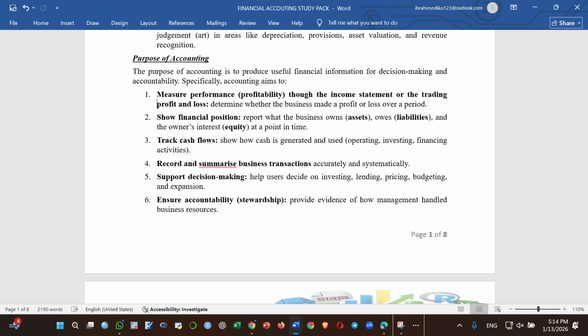Number two, it shows the financial position, and this one is through the balance sheet. So how do you measure financial position? By looking at the balance sheet, or the statement of financial position, as they also call it.